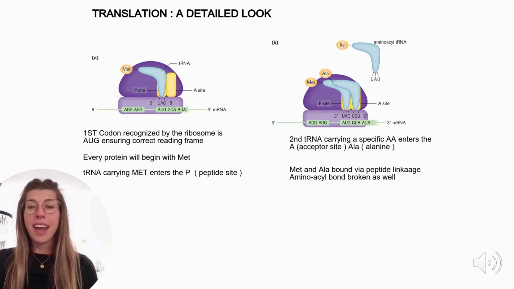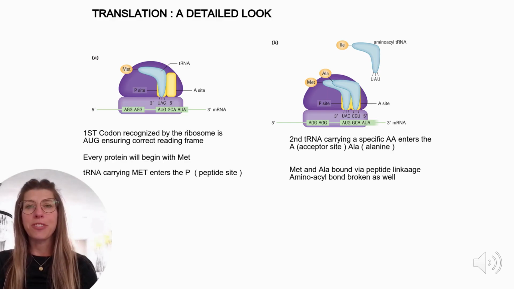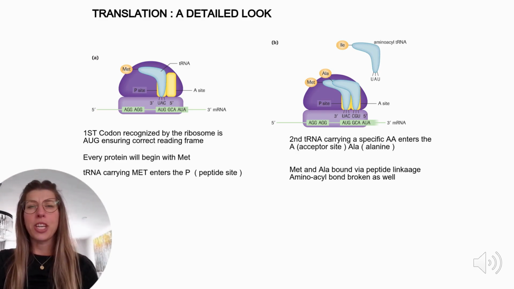You can see there ALA. Okay, so there's another tRNA coming in, bringing in another amino acid. And then we see that MET and alanine are bound with peptide linkages. Okay, peptide bonds form between amino acids. We know this. And then the aminoacyl group will be broken as well, okay, to be able to break it off from the tRNA.